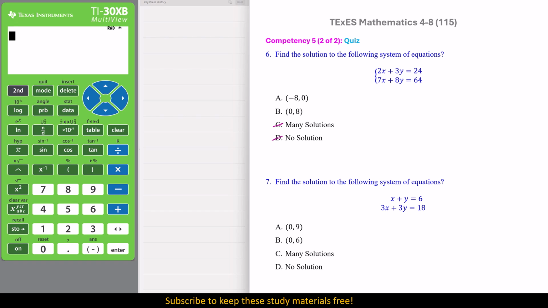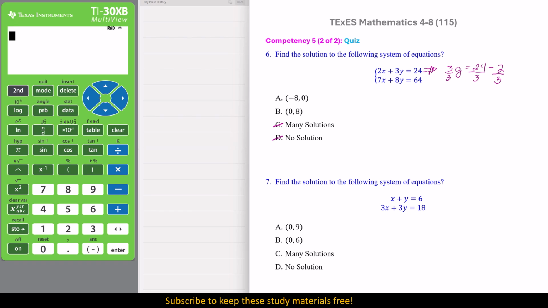So let's verify that. Let's pick one to put in y-intercept form. One isn't better than the other, so let's just pick the first one. We have 3y equals 24 minus 2x. I forgot the x. Okay, that looks better. Divide each of these by that 3.